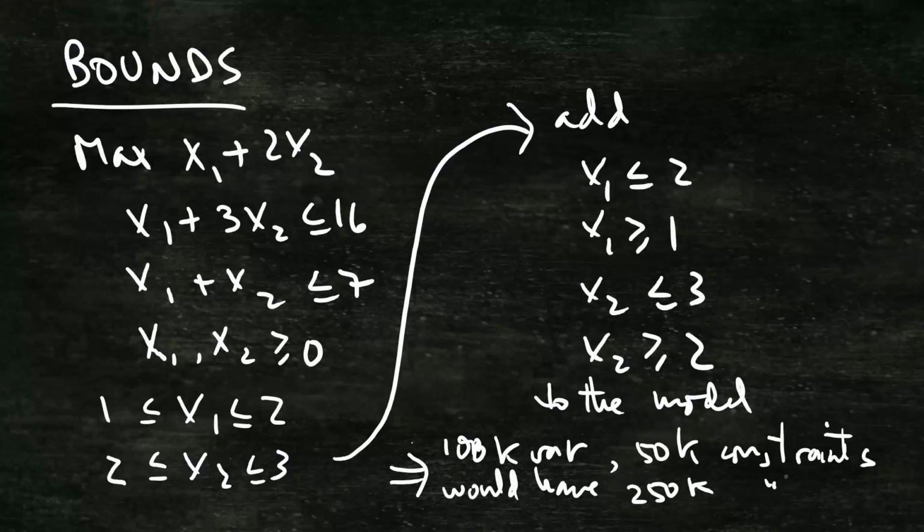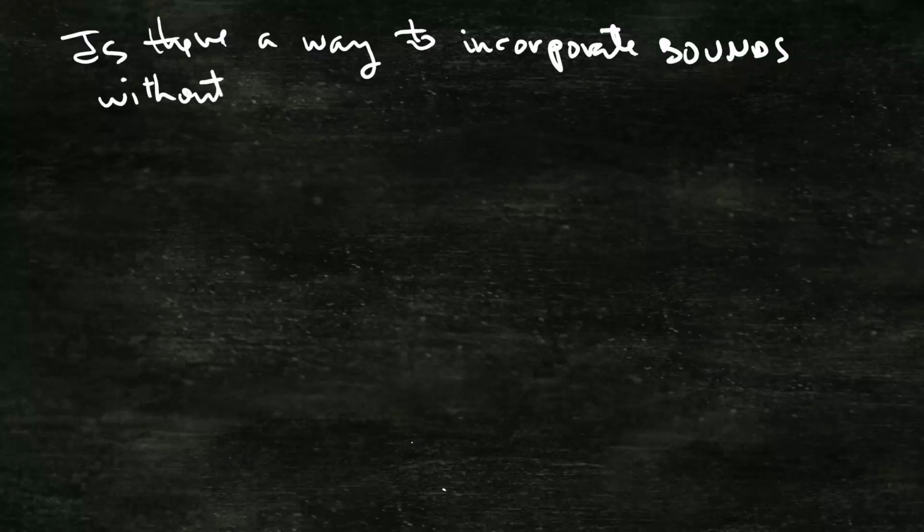So researchers were asking, is there anything we can do to avoid that? Their objective was to find a way to incorporate bounds without expanding the number of constraints.